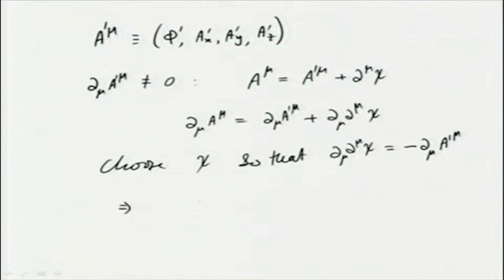That will then give us dou mu A mu equal to 0. So, we can always choose some scalar function to set the potential to be divergenceless. To start with, if it is not divergenceless, then we can always consider the scalar field which will change the A mu so that the new A mu is divergenceless.